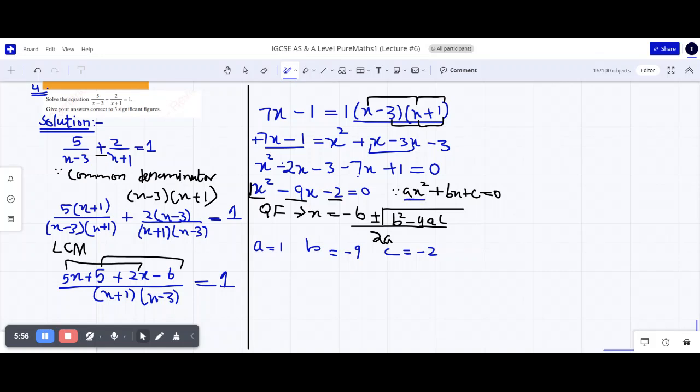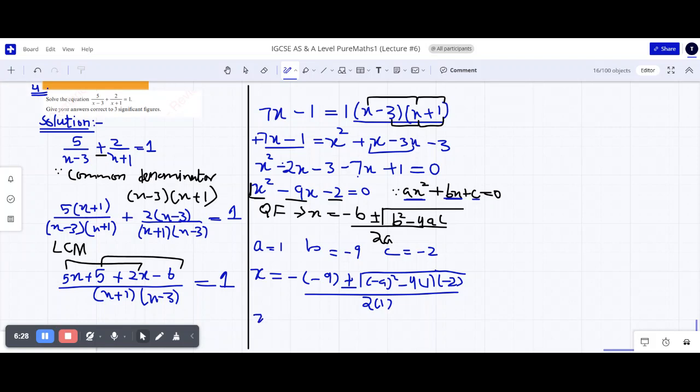Now substituting in the formula, it would be minus, minus 9, plus or minus the square root of minus 9 squared minus 4 times a which is 1 and c which is minus 2, divided by 2 times 1.